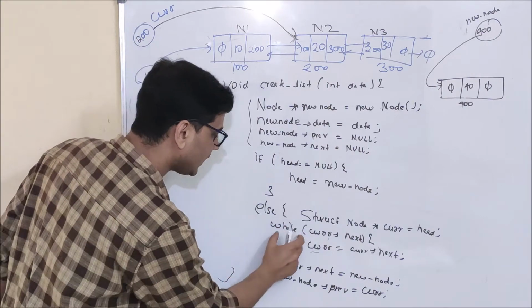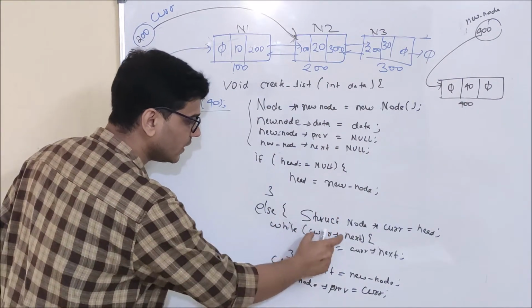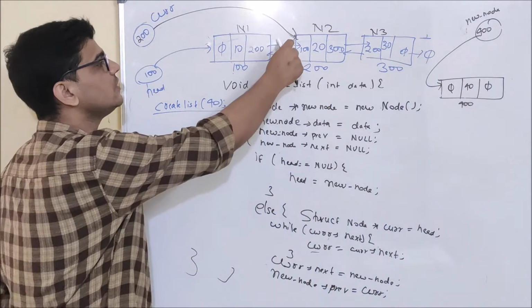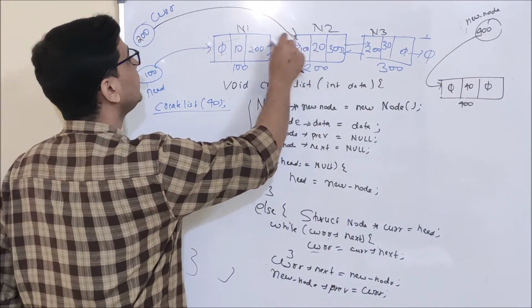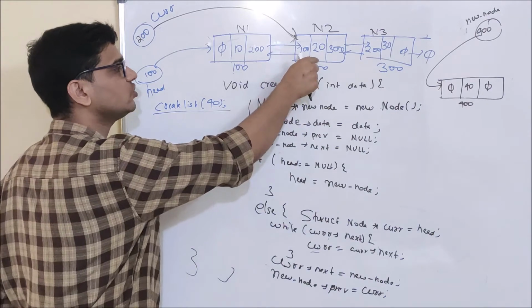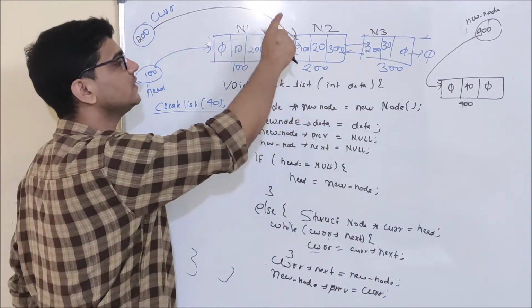So again the while check will be done. What will the while check do? It will check whether current dot next is there or not. As you can see here, current is 200. So what will be the current dot next? Current dot next will be the next part of the node starting from memory address 200.